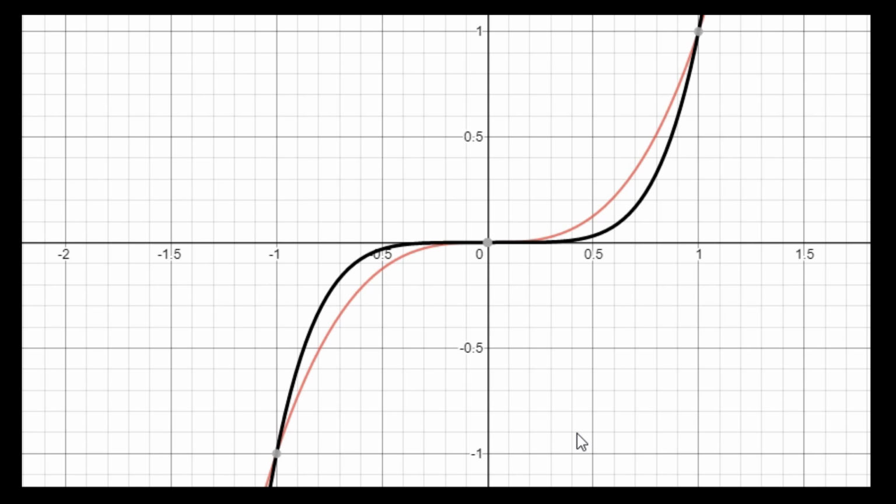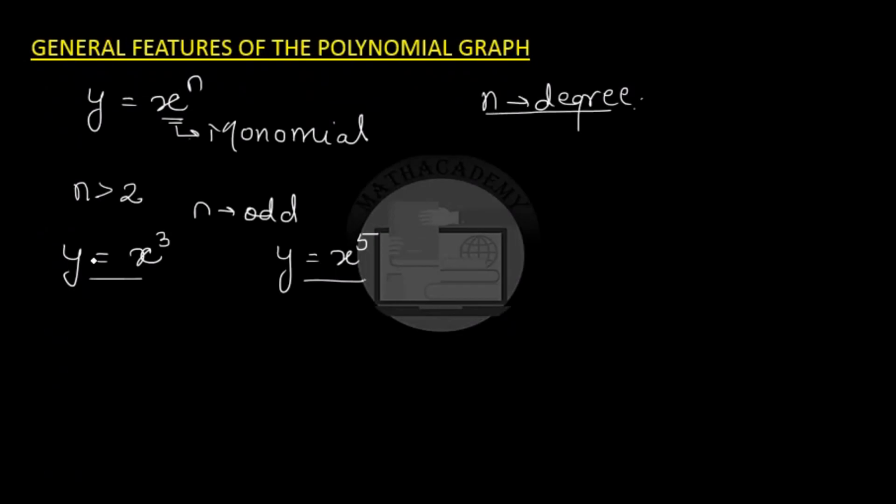If I try to plot y is equal to x to the power 7, I am plotting all the polynomial functions which have got odd power, which have got the odd degree. So here again I see all those properties of the graph. It is a continuous graph. There are no breaks in between.